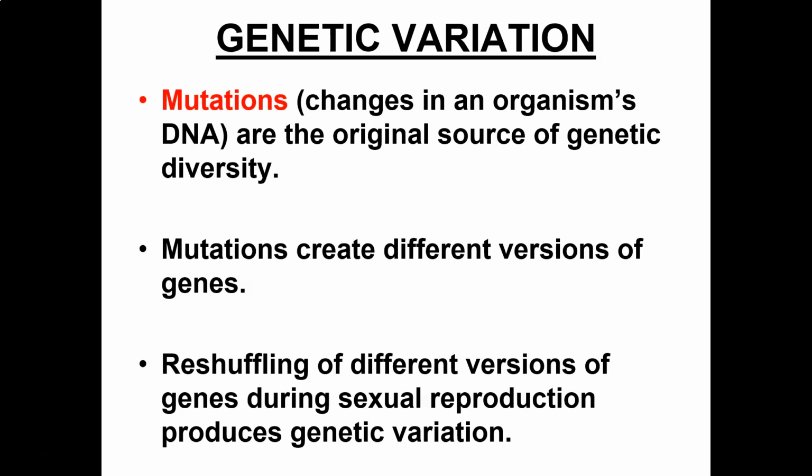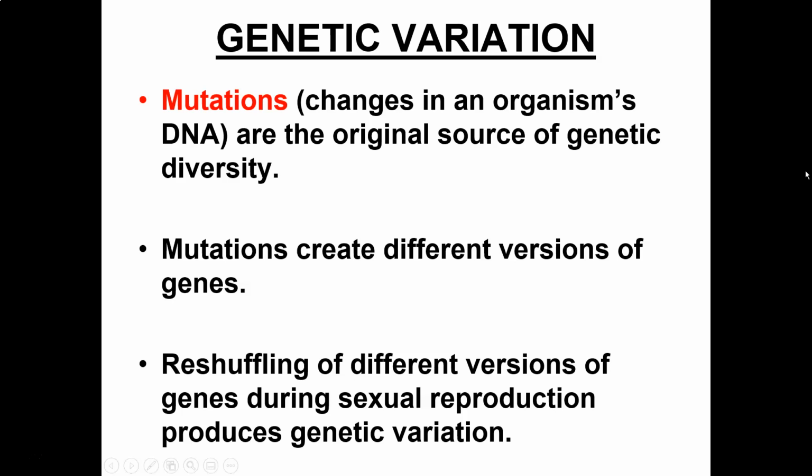When the structure of DNA changes, your genetic makeup changes. So mutations are the ultimate source of different variations of genes, like the gene for blue eye color versus brown, or type A blood versus type B blood, things like that.